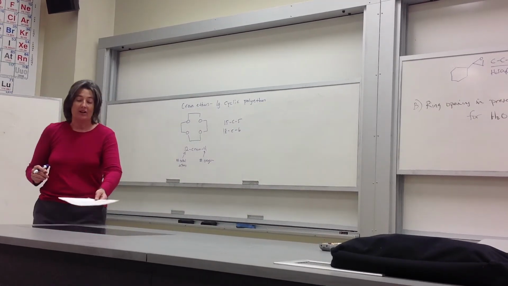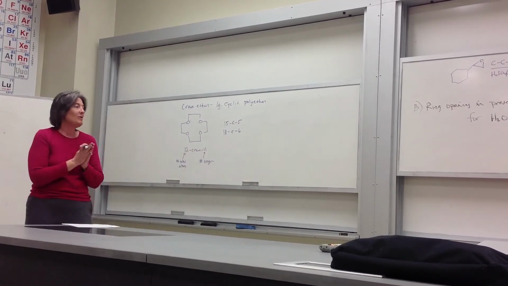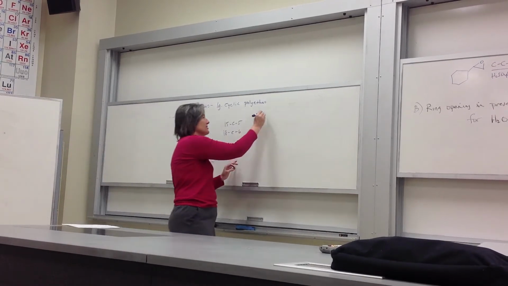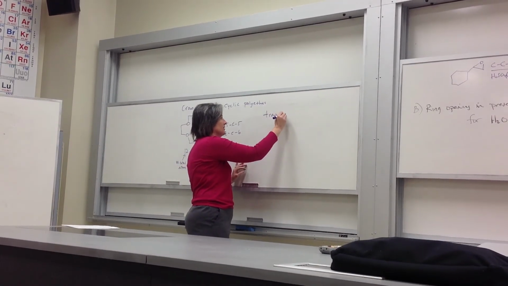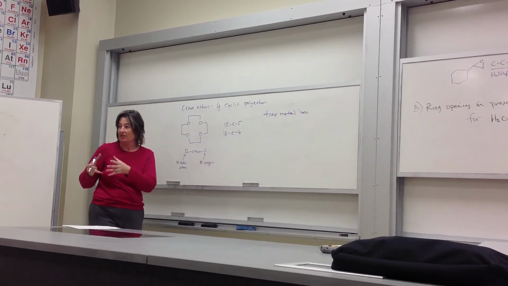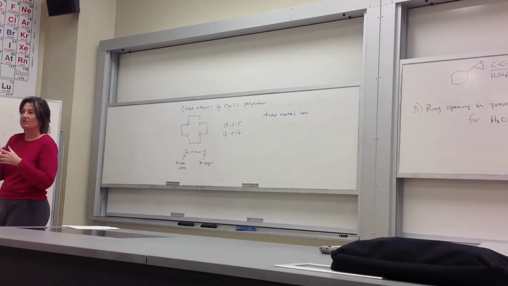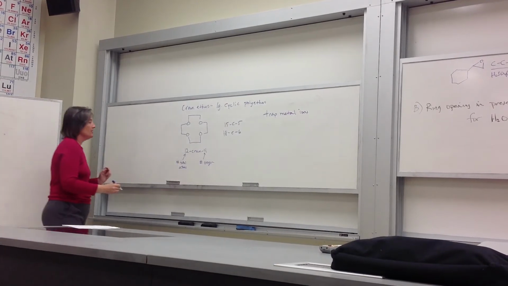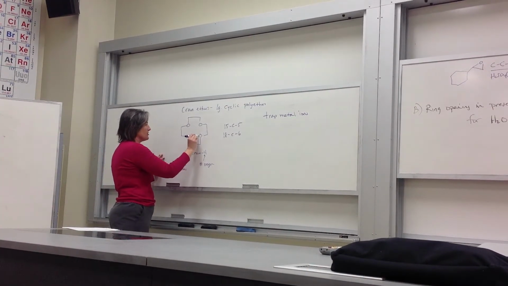What crown ethers are used for is a way to trap metal ions. They have in the center of them a pocket. There's empty space there in the center. And these oxygens have lone pairs.